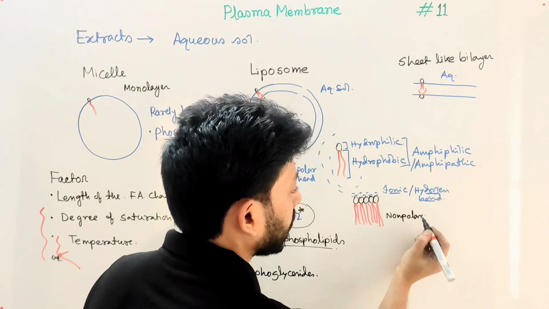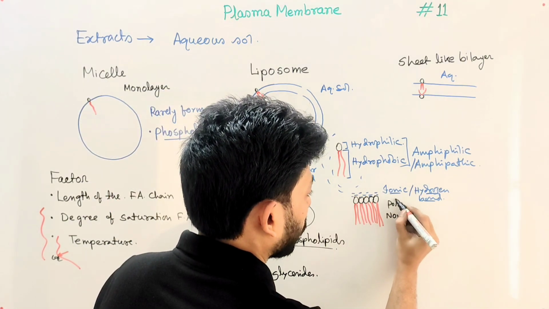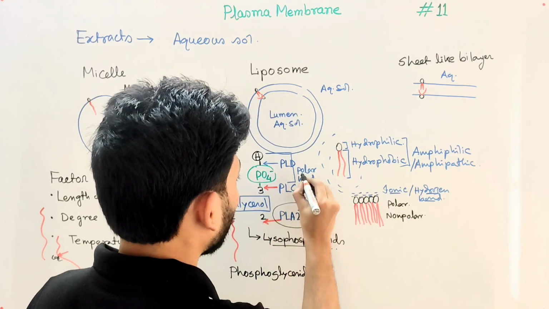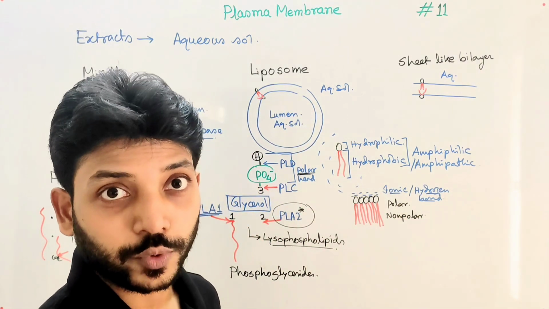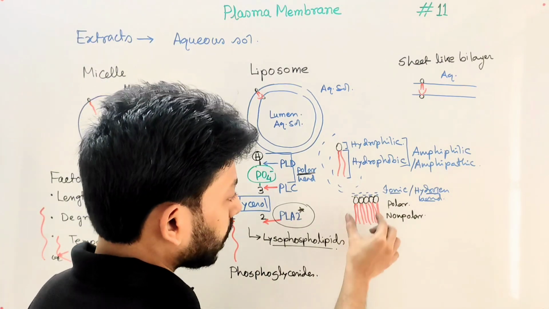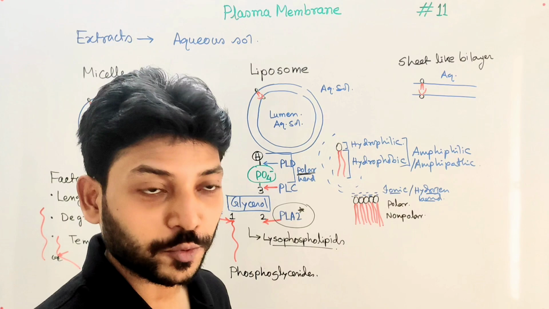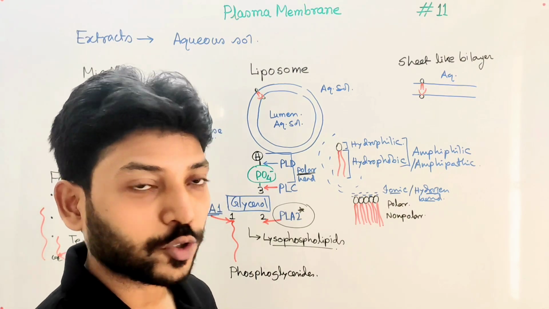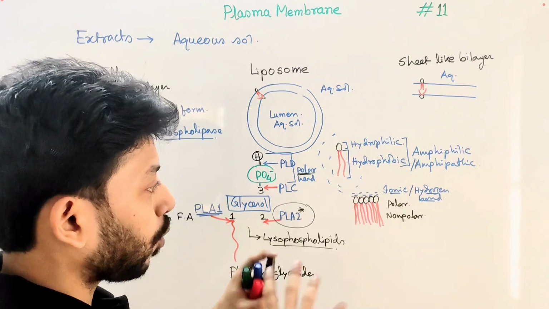I have already discussed that water is a polar molecule. That's why I have written here that the polar head group can interact with polar molecules like water and water-soluble solutes. The fatty acids are non-polar, and we know that polar and non-polar do not mix. Water and oil do not mix. Water and fat do not mix.